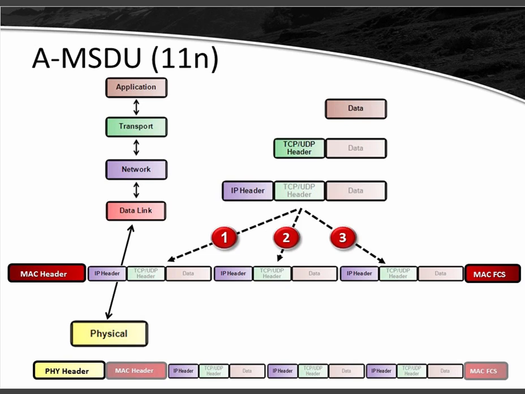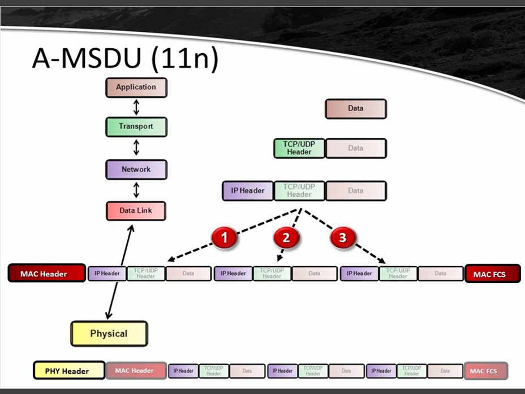It then treats that information, the stuff that came from above, as the MSDU. It needs to take the MSDU and put a header and a footer on it. After it has appended a header and footer, it is now called an MPDU, a MAC protocol data unit, and is ready to be sent down to the physical layer.